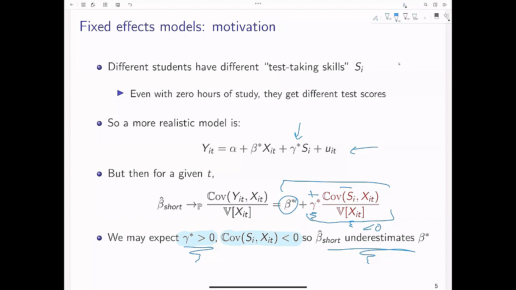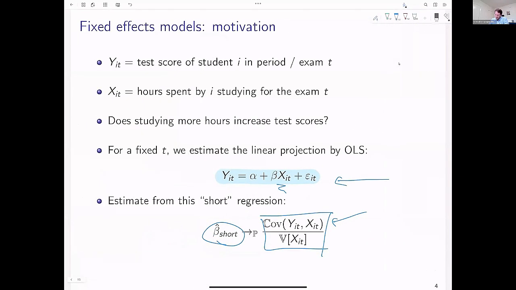Can you please just sum it up quickly because it's a little confusing? Yeah, sure. So what I did is basically I started here, okay? And I said, we're interested in learning whether studying more hours increases test scores, okay?